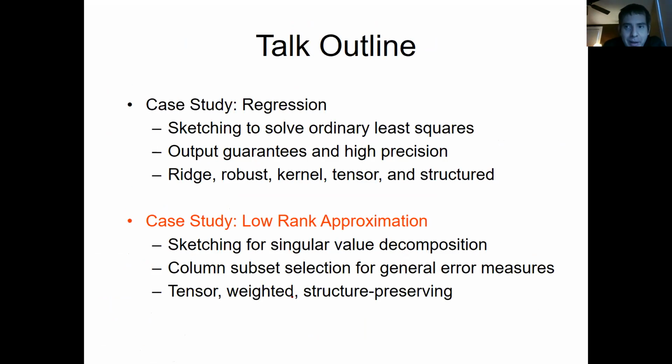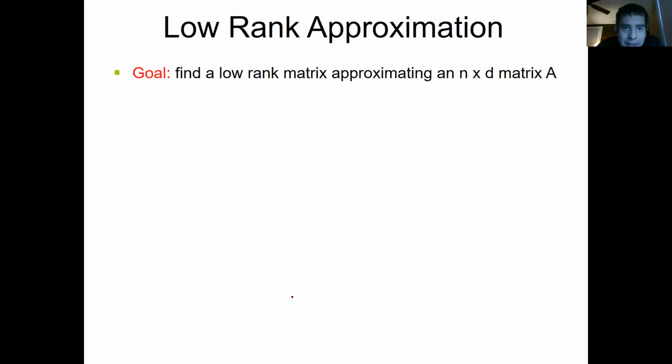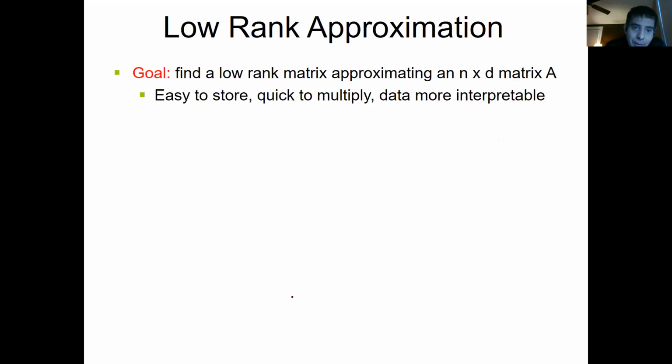I'm just going to say a few things about the low rank approximation problem in the remaining 5 minutes or so. Low rank approximation is another very important problem in optimization. You have some big matrix, both of whose dimensions might be large, and you want to approximate it by a low rank matrix. It's easier to store, you can multiply more quickly by multiplying by each of the factors, you're denoising, and so on.